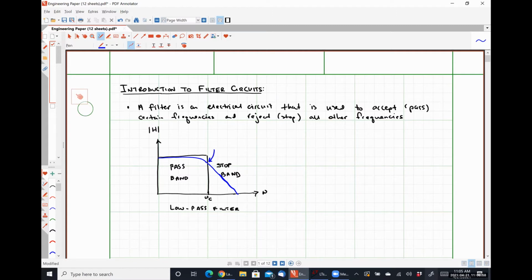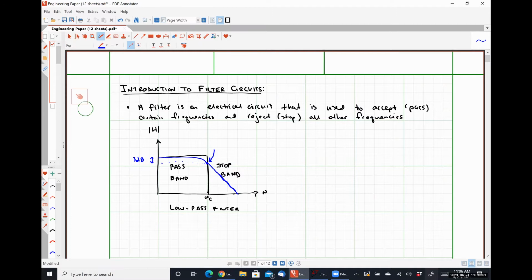And this point right here, more specifically, let me draw a line right here, is 3 decibels lower than the maximum amplitude. So our corner frequency occurs at 3 dB lower than our maximum amplitude.